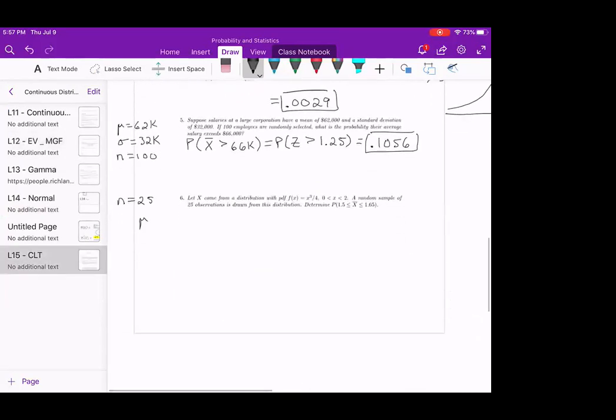So mu is the first moment. Expected value of X is the integral of X, what's inside your expectation, times the PDF, which is X cubed over 4, and the support is 0 to 2.